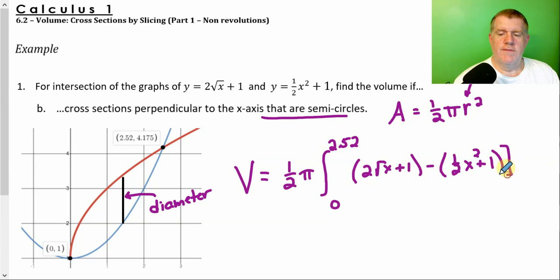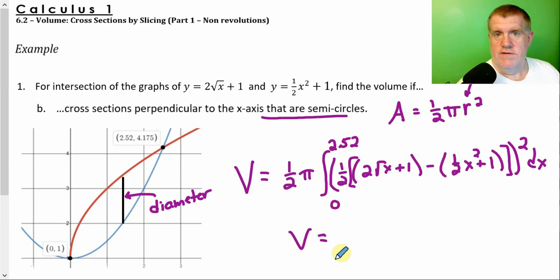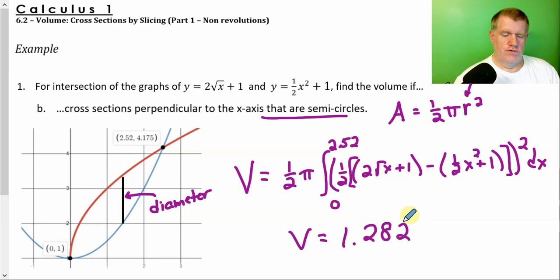Now that's our diameter. We need to take half of that diameter. And then what do we do with that radius? We square it. All right, not the most fun thing to put in a calculator, but if you do, this is what you get. And you get 1.282 approximately.